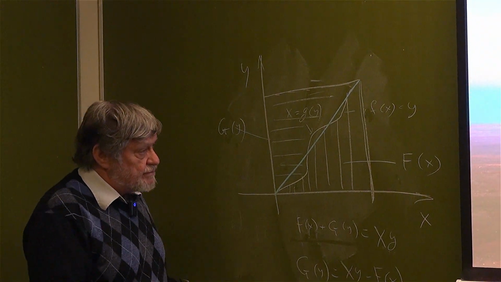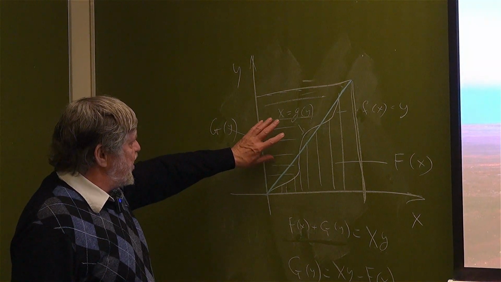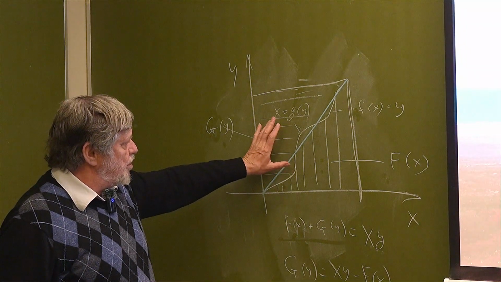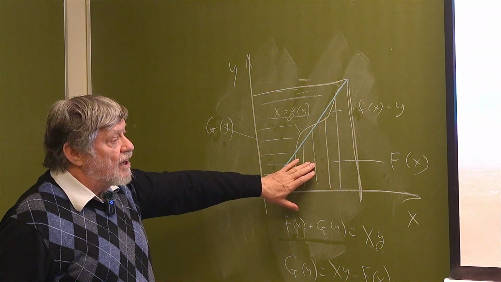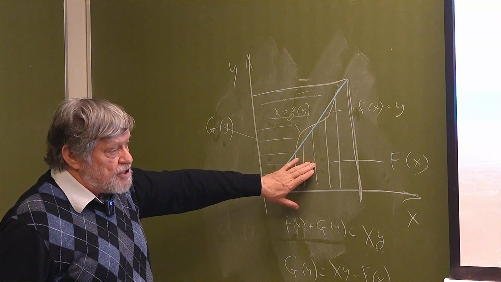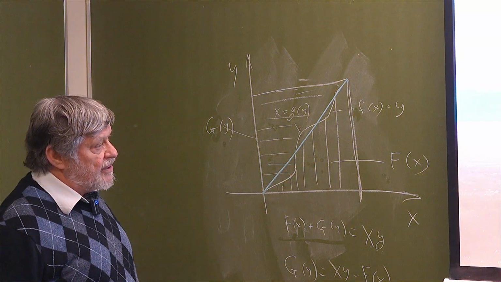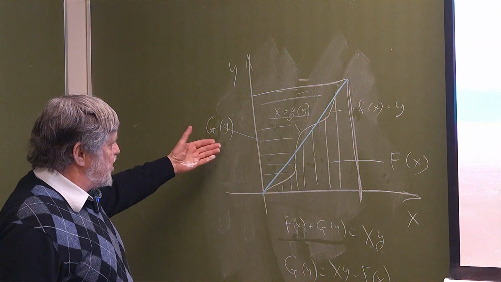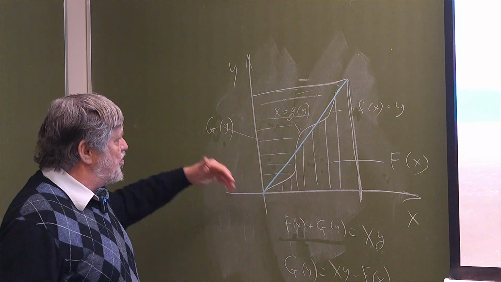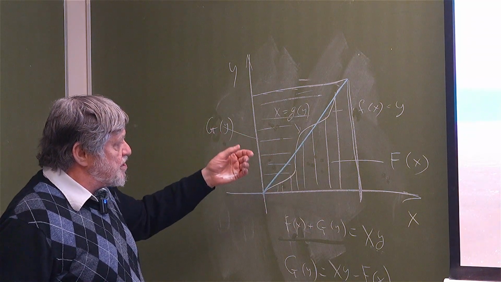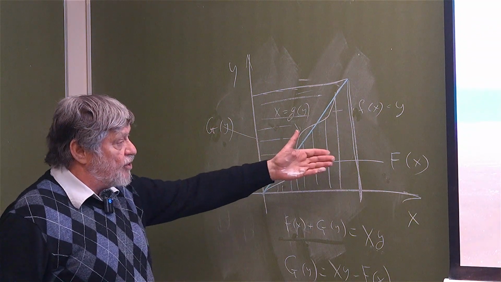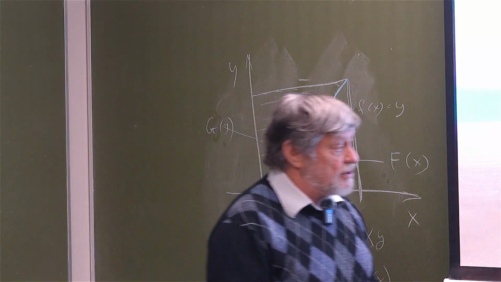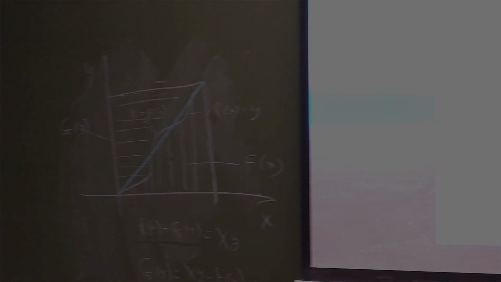And because of this, the areas of two triangles are equal to each other. And so energy is equal to complementary energy, and each of these energies is 1/2 of the work of external force.